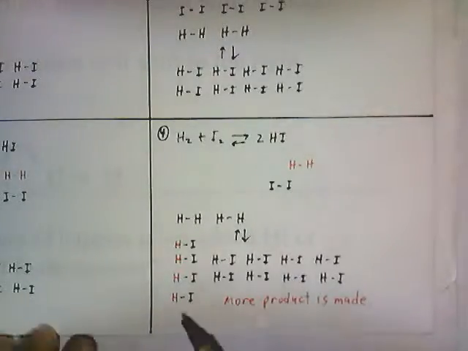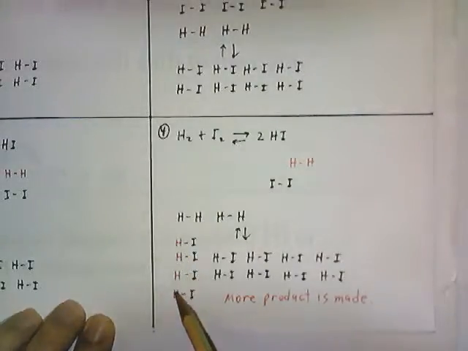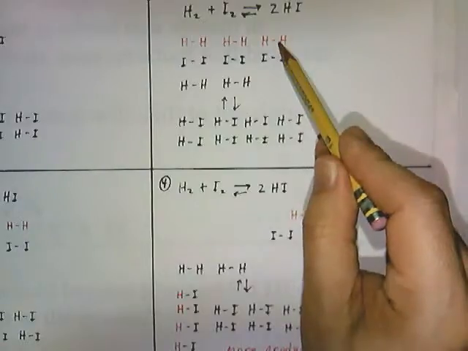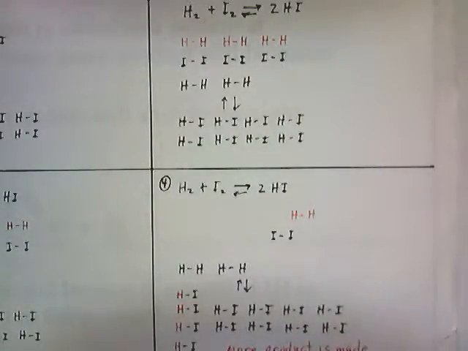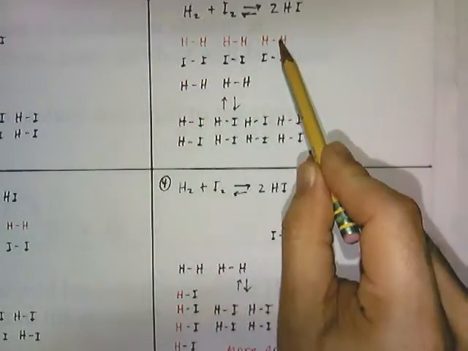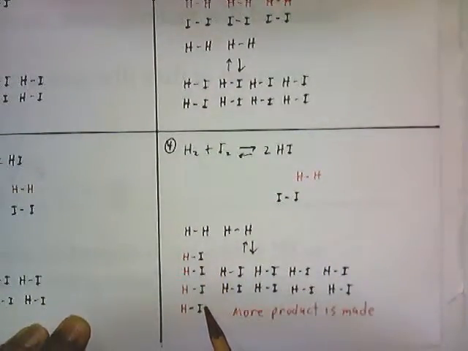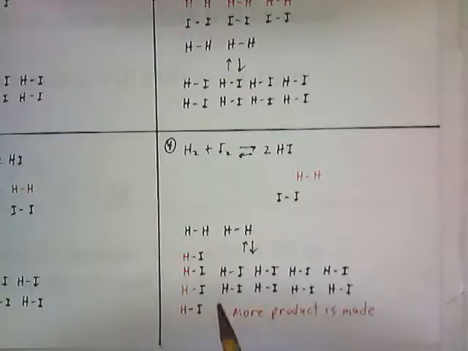So these H's in red were originally the H's that were added as reactant. When we added hydrogen gas, it reacted to form hydrogen iodide, and as a result, there's more product in the system.